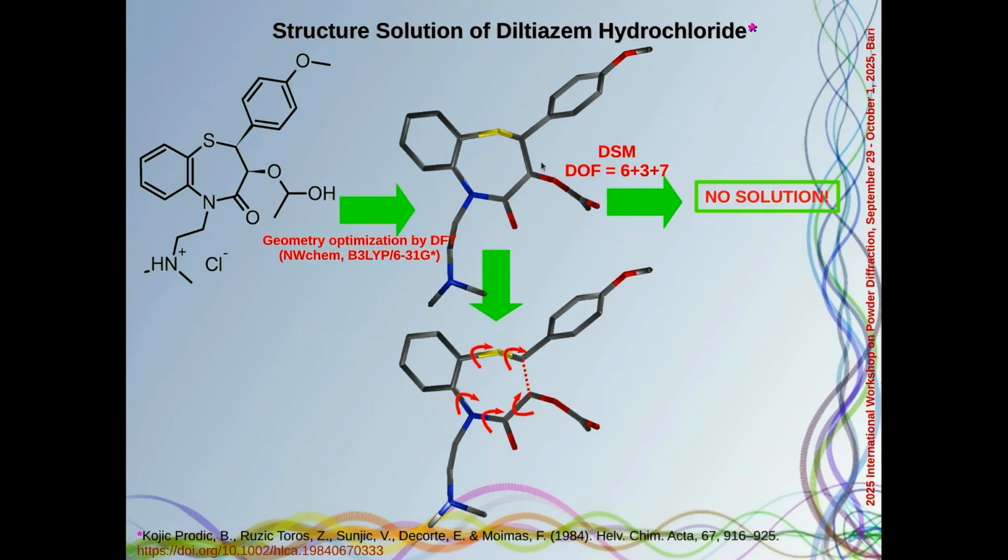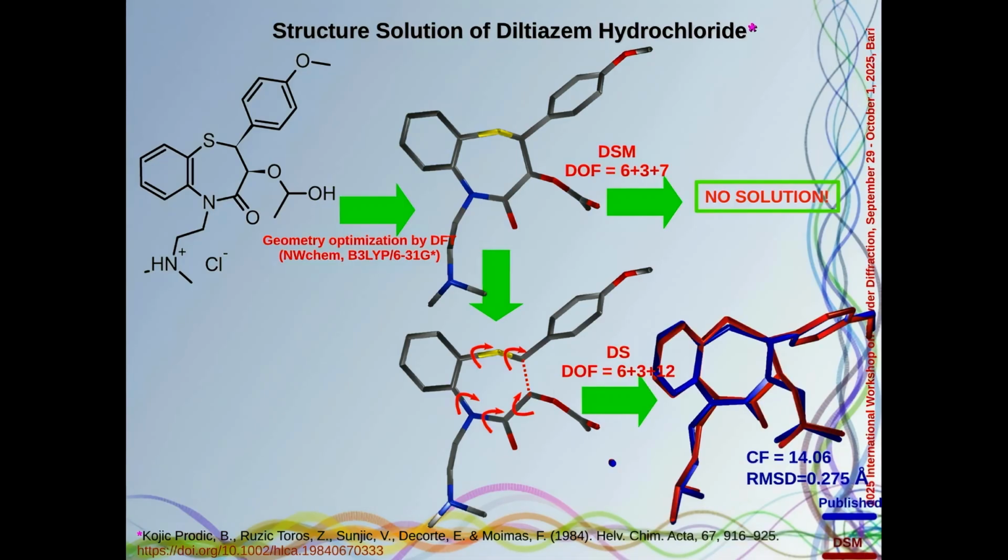The problem is, if you break this bond, sometimes you can free a lot of degrees of freedom. So the suggestion is to add a restraint to force the closure of the ring and to keep the information that there is a connection between these two atoms. And in this case, we are able to solve the structure and to find a reasonable solution.